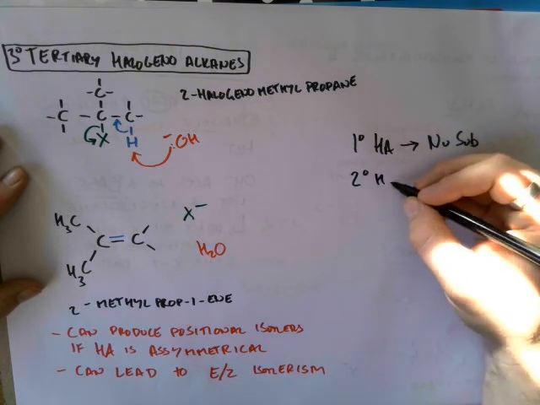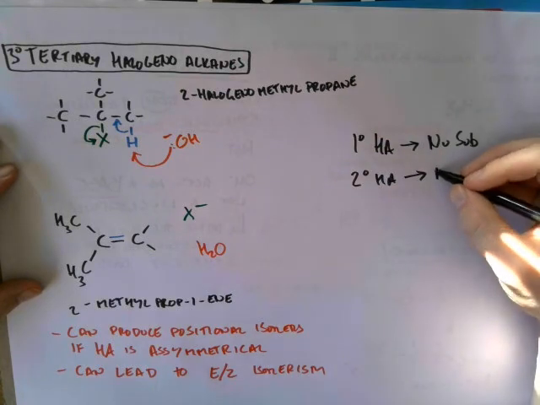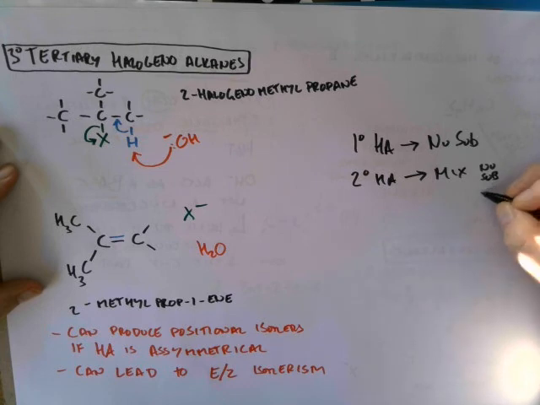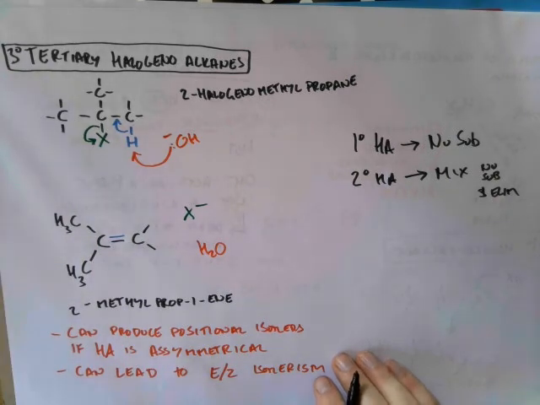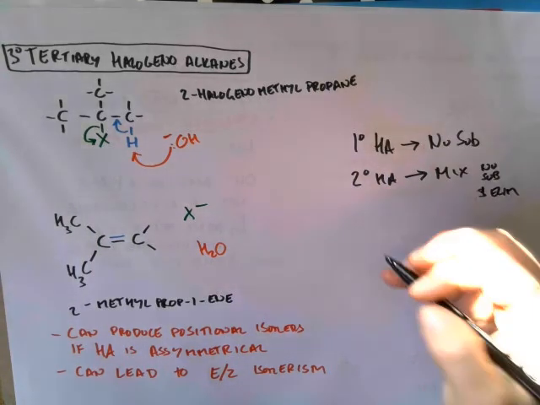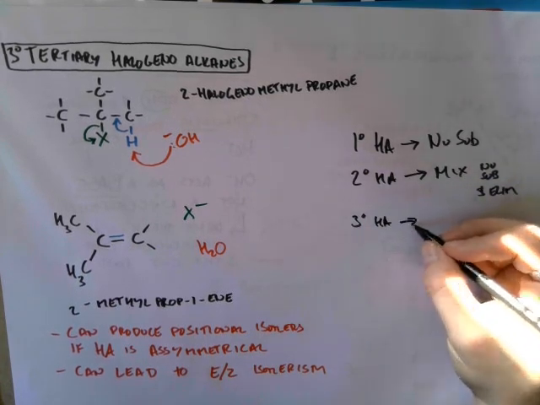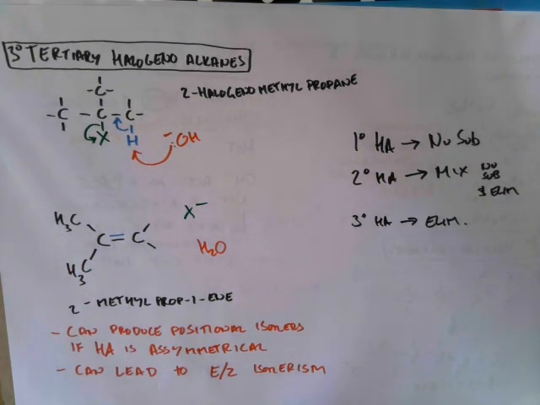Secondary halogenoalkane is going to do a mixture of both, nucleophilic substitution and elimination. And then the tertiary one has a prevalence to elimination. So dependent on what you've got, you're going to be more likely to have these processes take place.